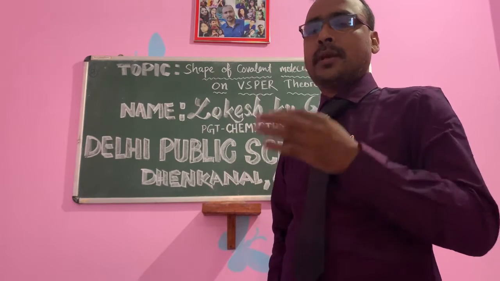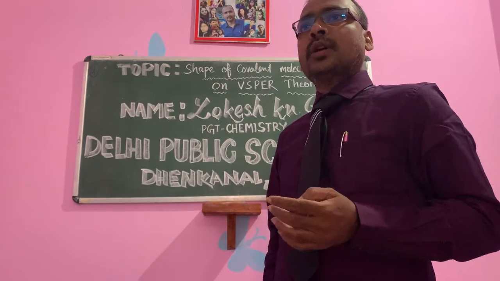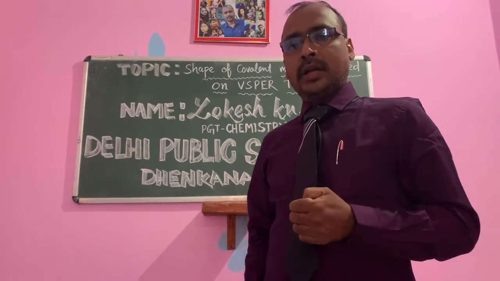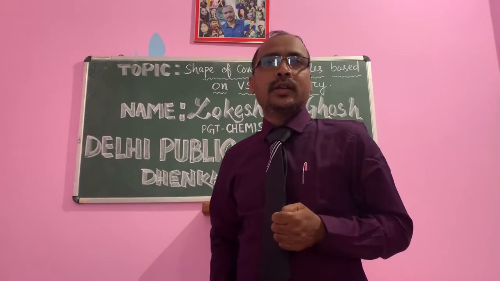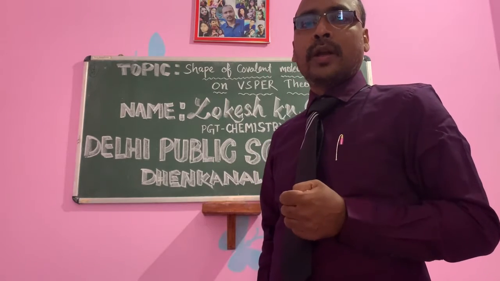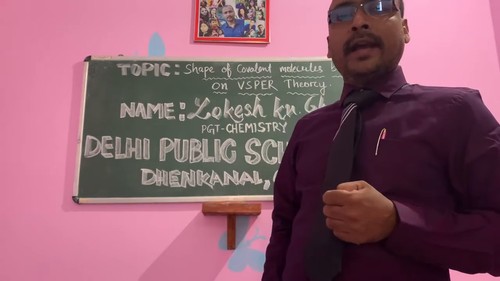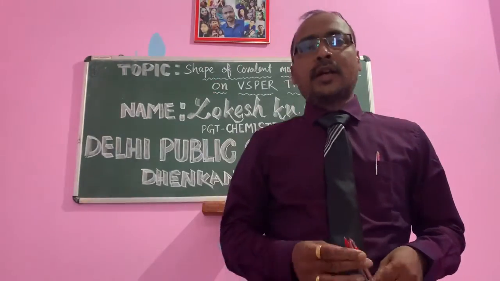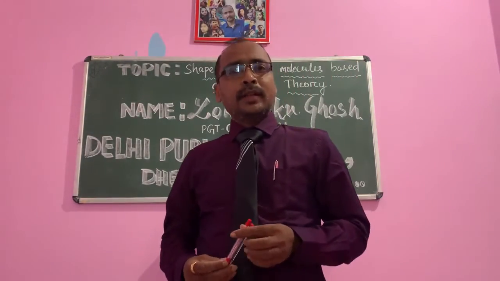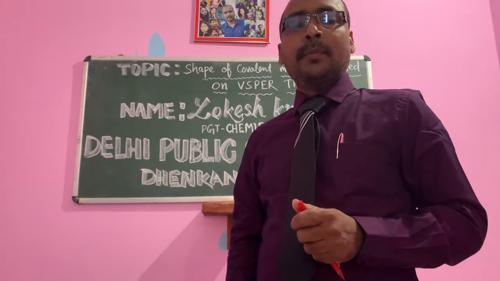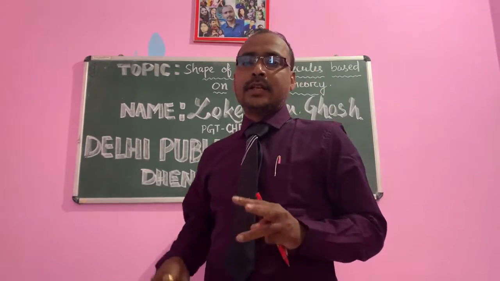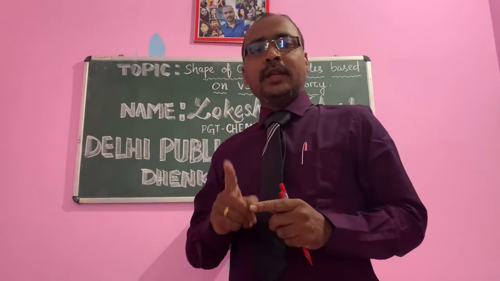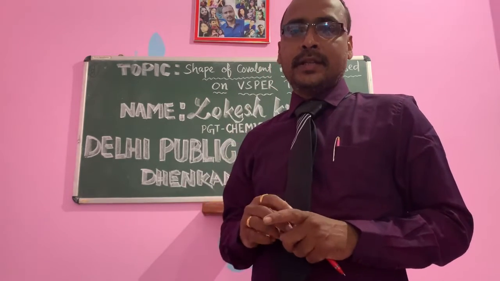First I will discuss molecules not having lone pairs of electrons. These are again 5 types: AB2 type, AB3 type, AB4 type, AB5 type and AB6 type.